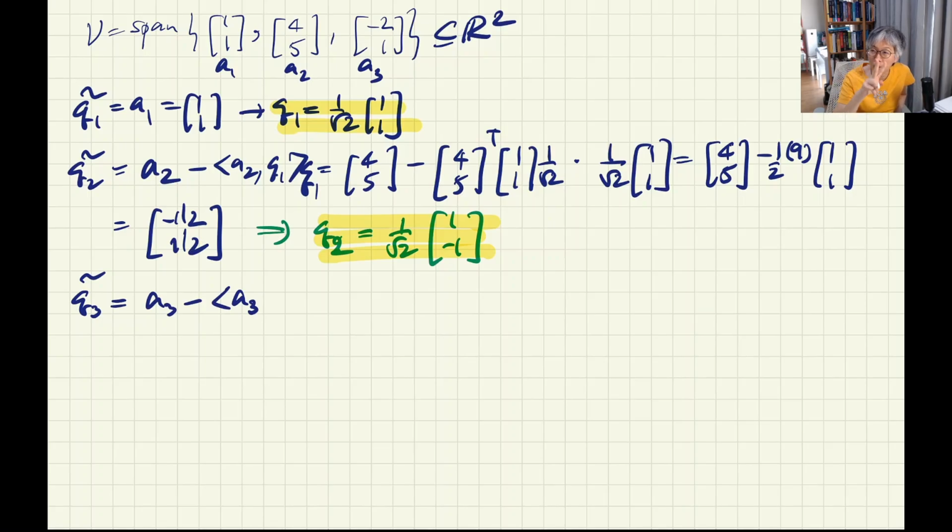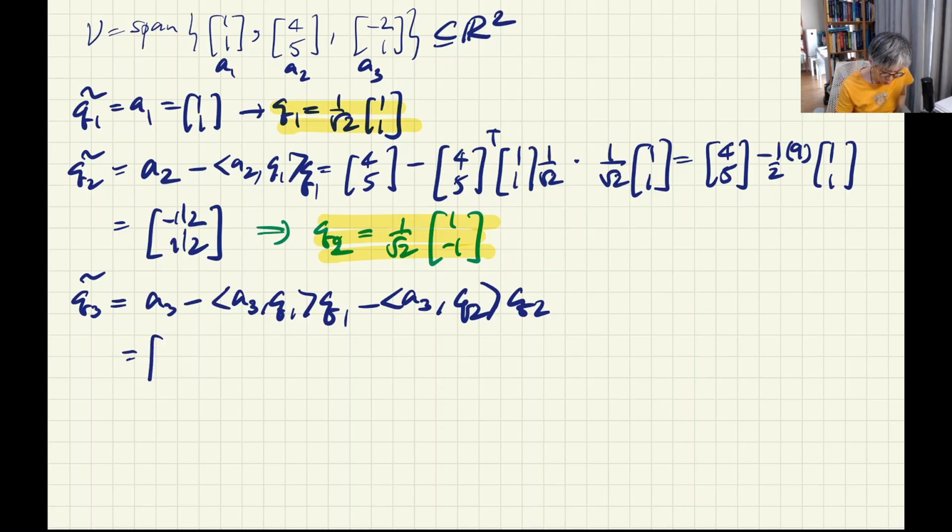We have the previous two vectors, so it's the inner product of A3 with Q1 times Q1, minus the inner product of A3 with Q2 multiplied with Q2. Let me just calculate the numbers for you.